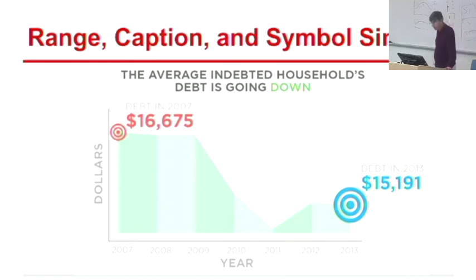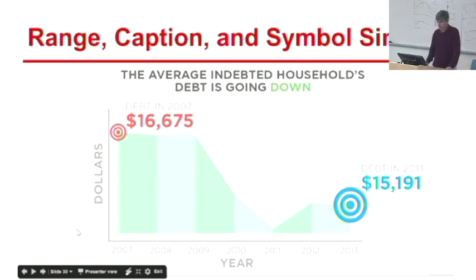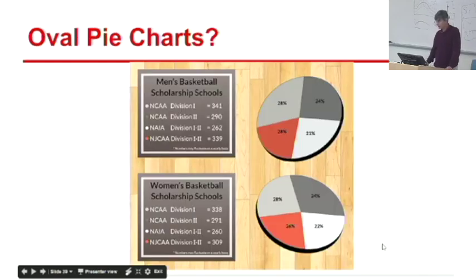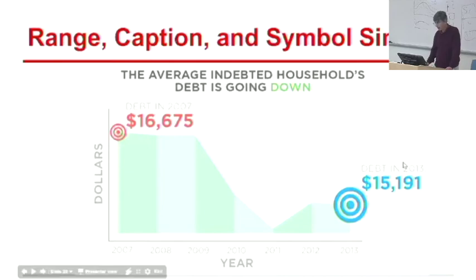Here is a graph showing the amount of debt in a household as a function of time. What do we think about this particular graph? The scale, first of all, there are no axis labels. If there were axis labels, if we go back to here, we would see that, in fact, this is from 15,000 to 16,000.